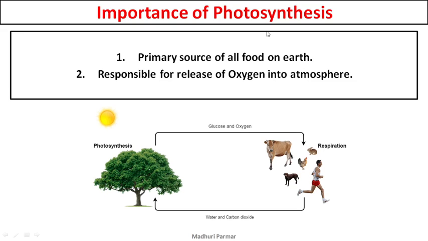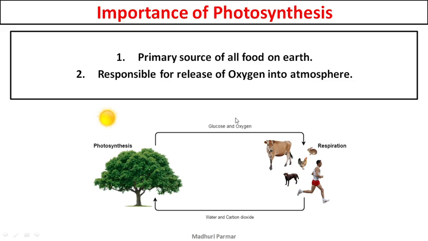What is the importance of photosynthesis from whatever we studied till now? First, it is the primary source of all food on earth. Only because photosynthesis is present are sunlight and carbon dioxide getting converted into glucose. This glucose is required by all living things for their survival, so it is providing food for every living organism on earth.